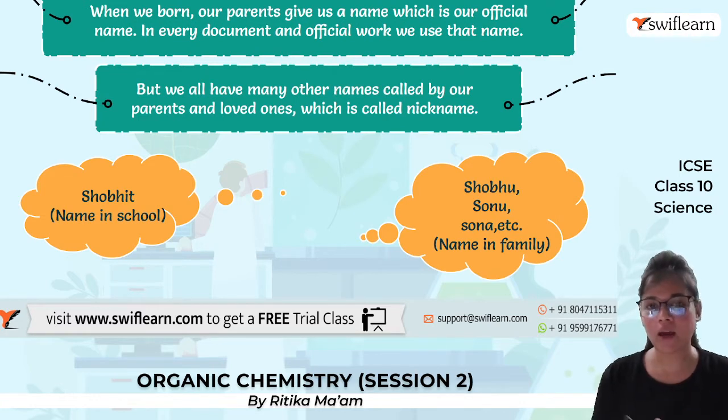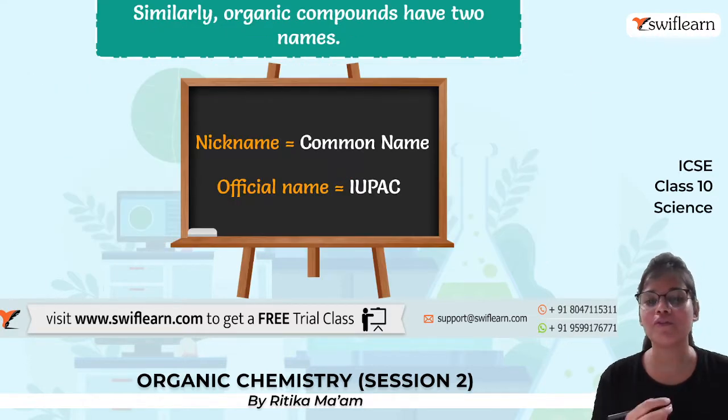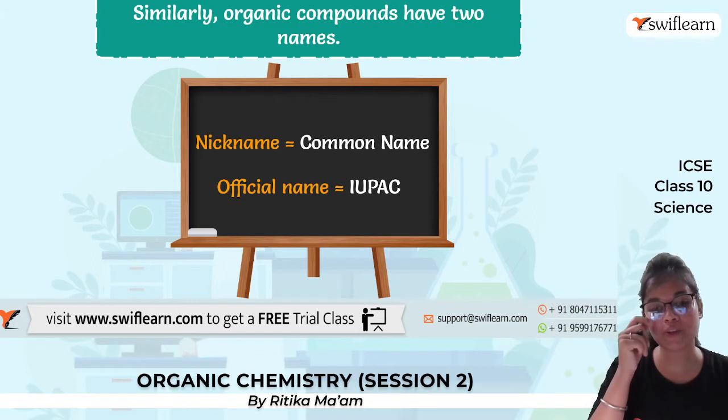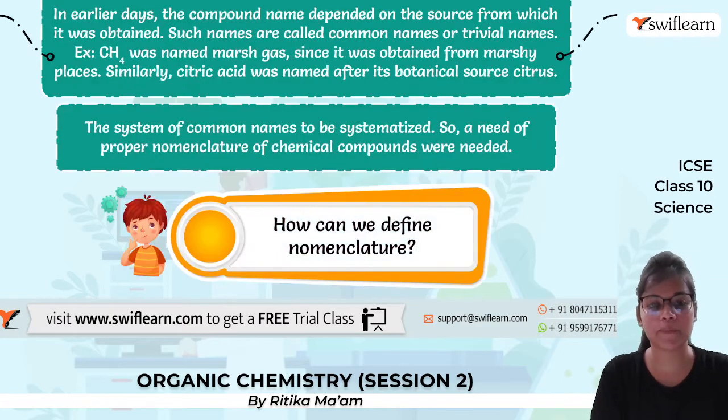For example, if a person's name is Shobit in school, that becomes Shobu, Sonu, Sona, etc. in the family. Similarly, we have given nicknames to carbon compounds also. These are known as common names, and then we have official names, which are known as IUPAC names. Let us see what is common and what is IUPAC name.